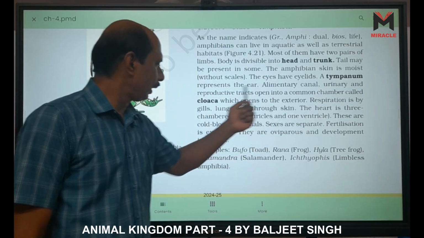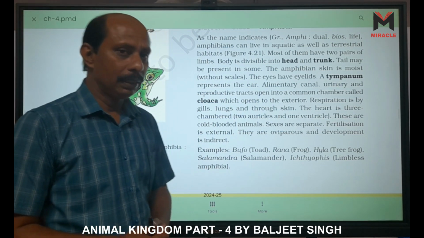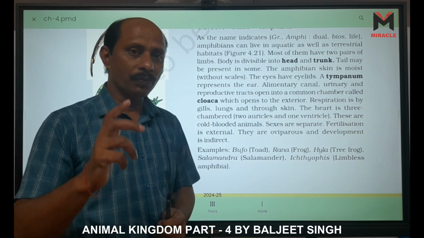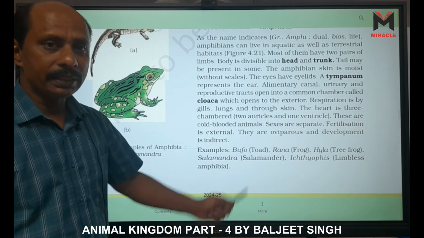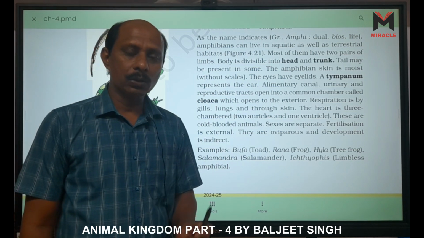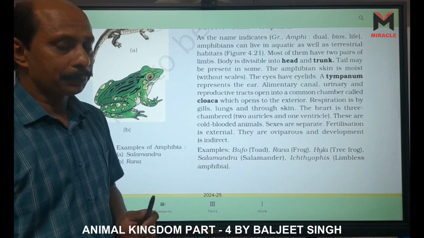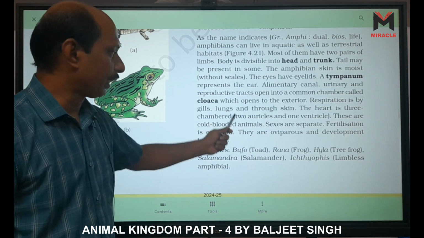The heart is three-chambered. In fishes, the heart is two-chambered, and the fish's heart is called a venous heart. But in amphibians, the heart is three-chambered. In reptiles also, the heart is three-chambered, except crocodiles. One exception is there: crocodiles have a four-chambered heart.